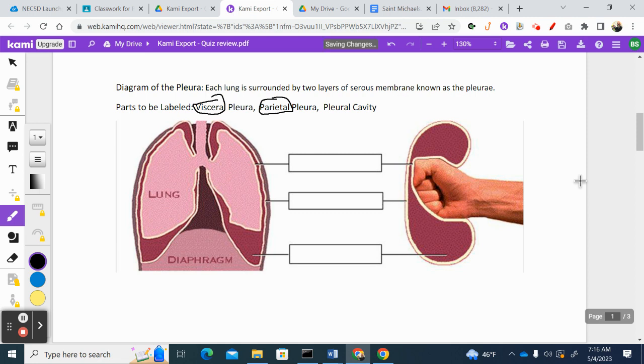All right, so the visceral is the one that surrounds the organ, so that's going to be this one up here. It lines the actual lung itself. This one, that's the visceral.